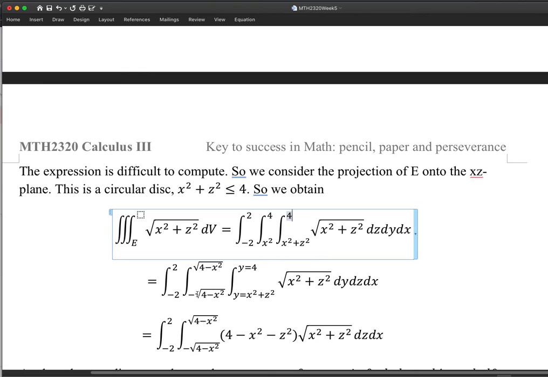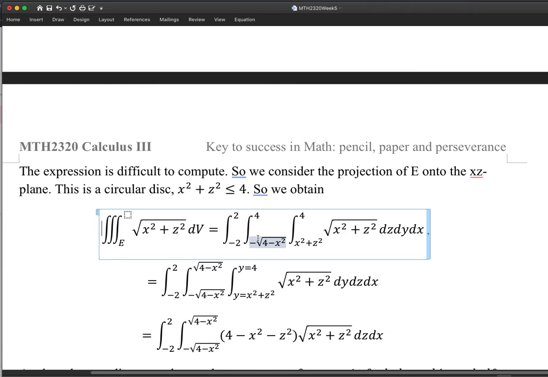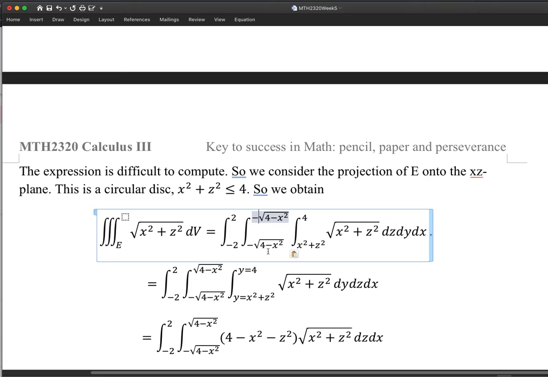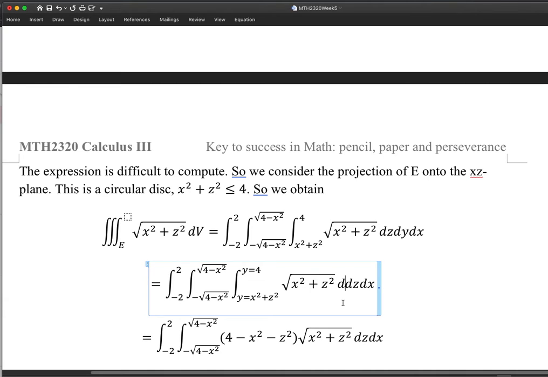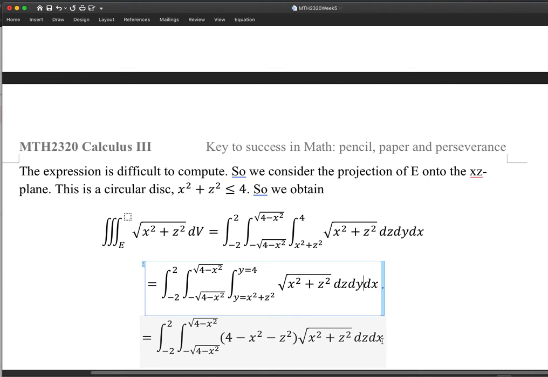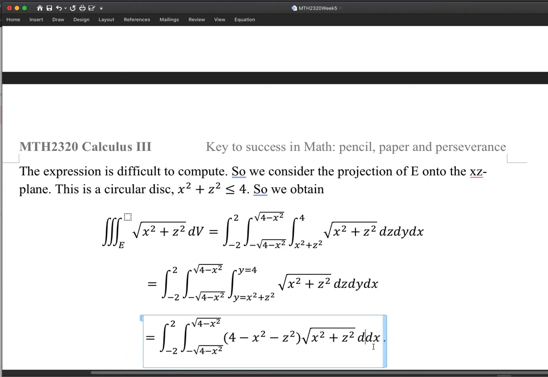And then I also needed to update the bound for dy dx for y first. And this part should be the plus part. It should be this fashion. And then in terms of order, z first, dz, dy, dx. After evaluating in terms of z, we would have dy dx left.